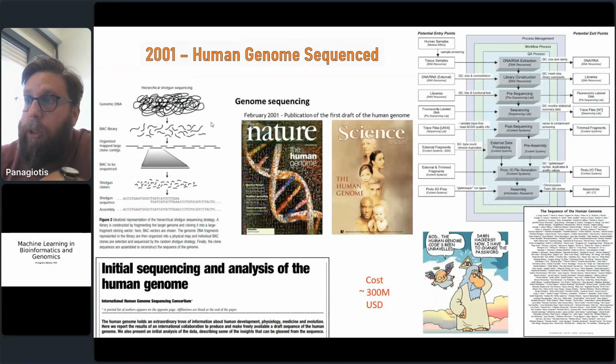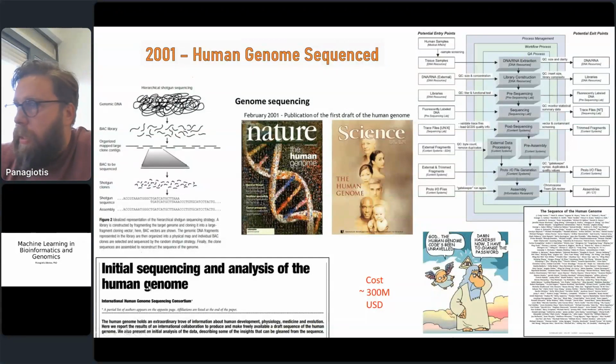And finally, in 2001, a few years ahead of schedule, I think, we get the human genome sequenced, and we get that from two sides. One is the big international human genome sequencing consortium.